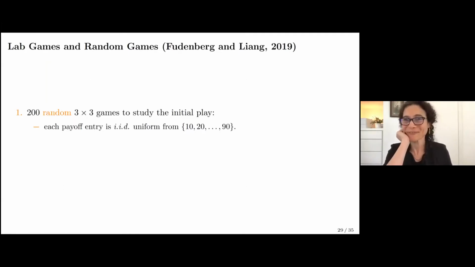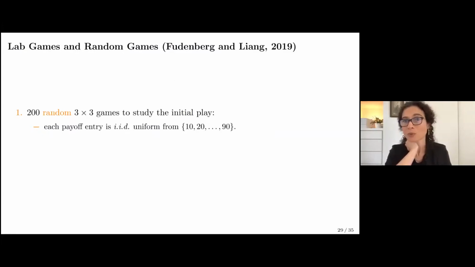And again, this is from data that was generously shared with us by Drew Fudenberg and Annie Liang. So they ran 200 random 3x3 games to study initial play. They basically emulated exactly our games, but each payoff entry was uniform from a discrete set of payoffs.